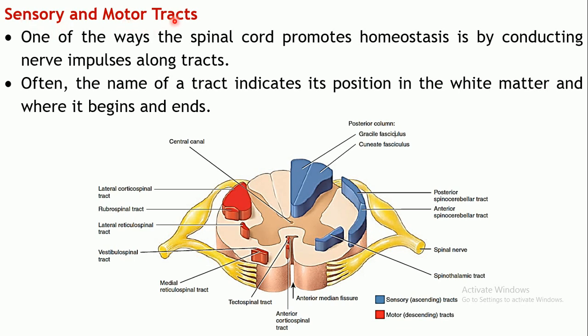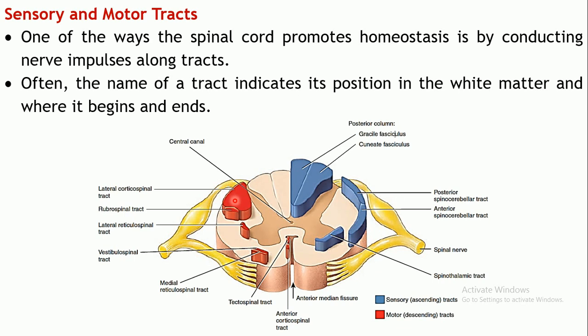So if the sensory tract is not functioning, what will happen? Will you come to know any sensory stimulus which is taking place in the periphery? So whatever tract is damaged, whatever information that particular tract is carrying towards your brain, obviously you will not be able to feel that, right? You will not be able to sense that.